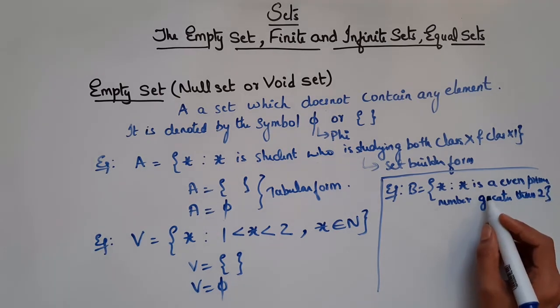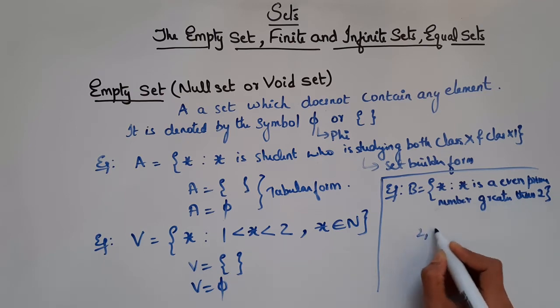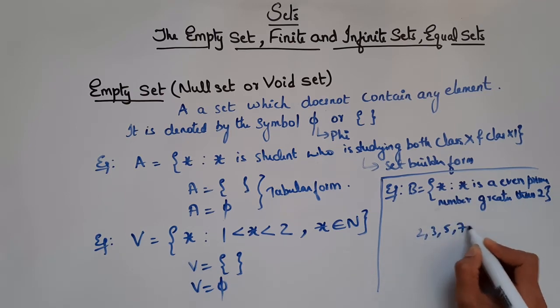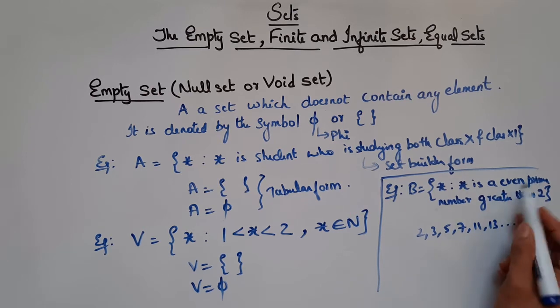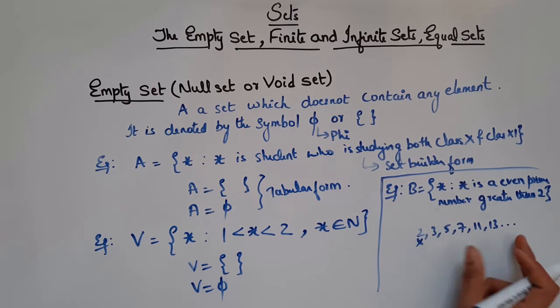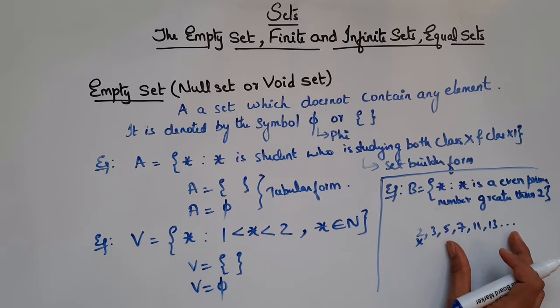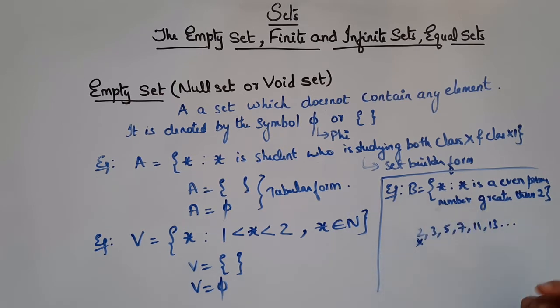So here, do you have any even prime number which is greater than 2? We know prime numbers are 2, 3, 5, 7, 11, 13 and so on. So here we want an even prime number greater than 2. So 2 is not included. We want greater than 2. So we don't have any even prime number greater than 2. So that means there is no element. Therefore set B is an empty set. I hope this is clear.